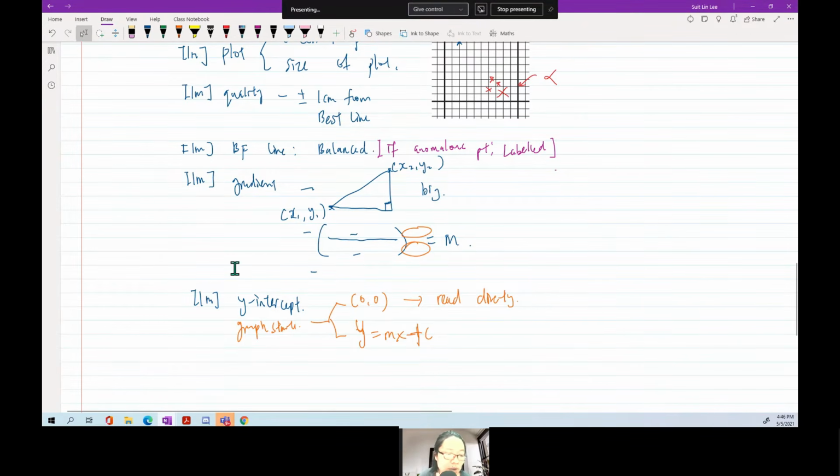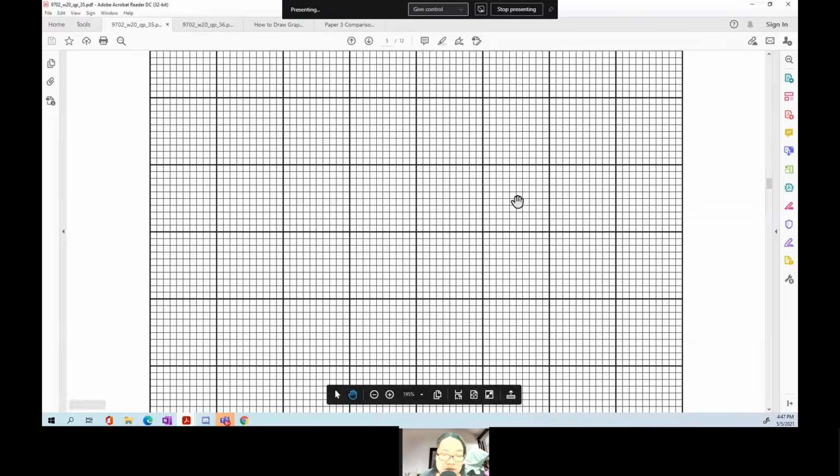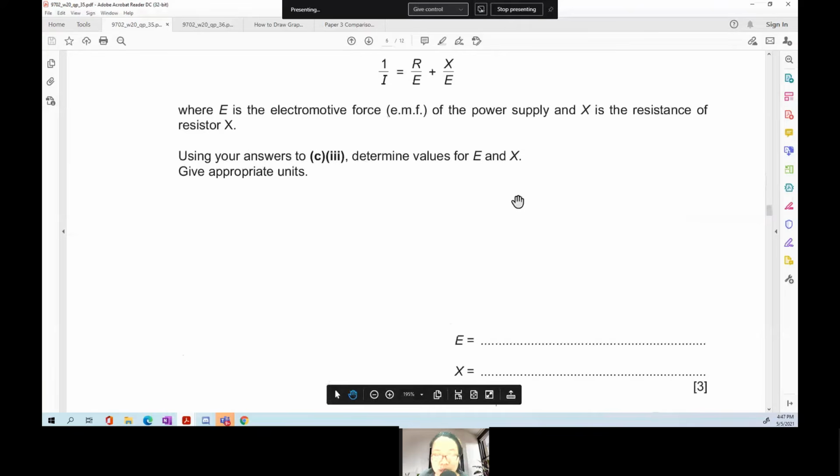And then finally, when they ask you to calculate some value, for the last time, can we please stop using simultaneous equation? Please. There's no weird simultaneous equation in paper 3.